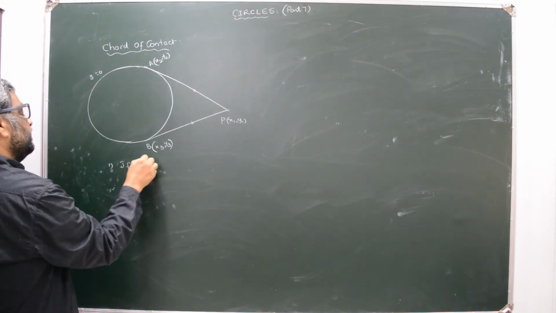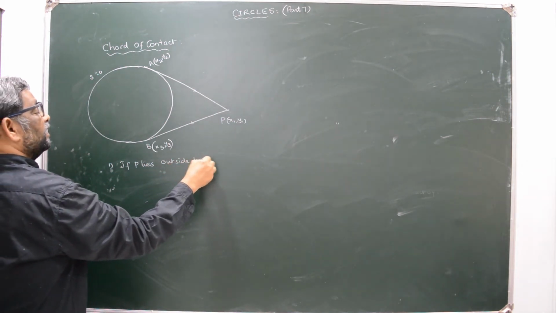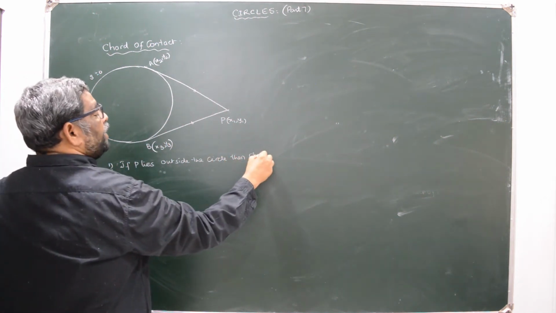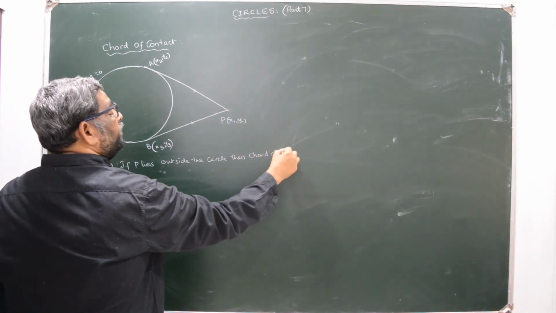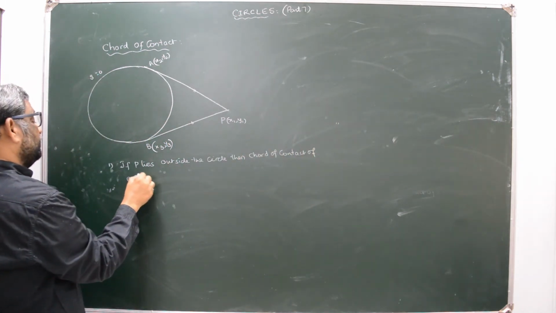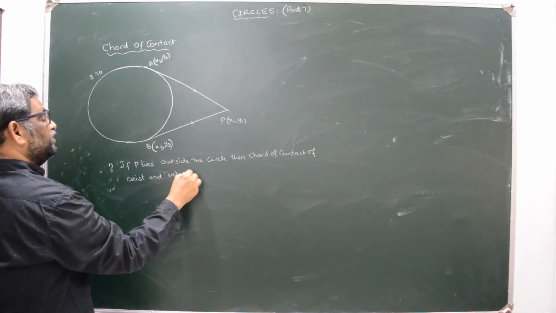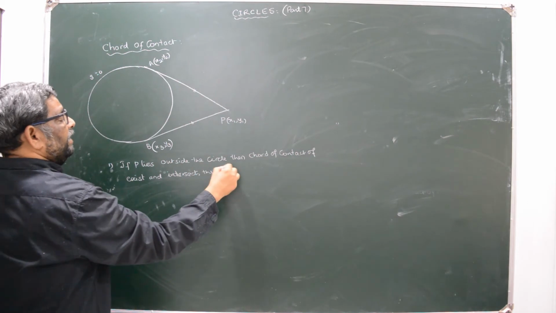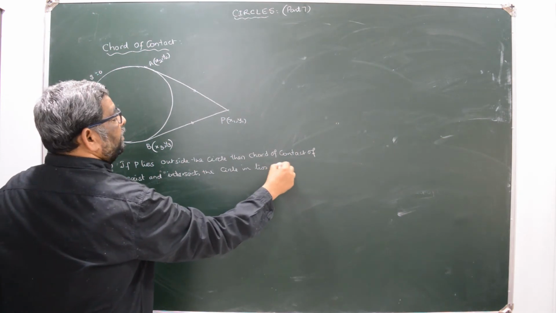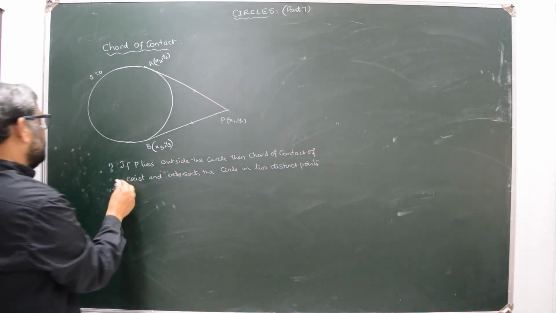If P lies outside the circle, then chord of contact of P exists and intersects the circle in two distinct points. That is one.